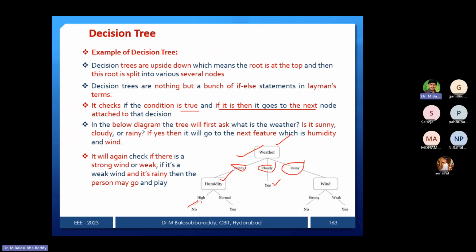That is no. And if humidity is normal, then you go for play. That is how we divide on humidity, and wind strong. If wind is strong, then we will not go. Not only one condition, because it is under raining. So now we can see in any situation we can easily identify what your answer is.